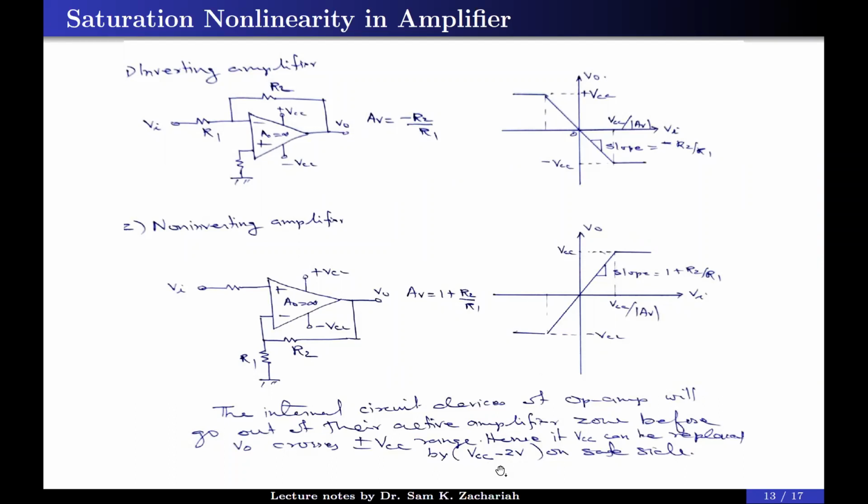This is the actual drop across. Sir, what is A0 in the middle of the figure? A0. A is for gain, not O. A subscript O, O for open loop.